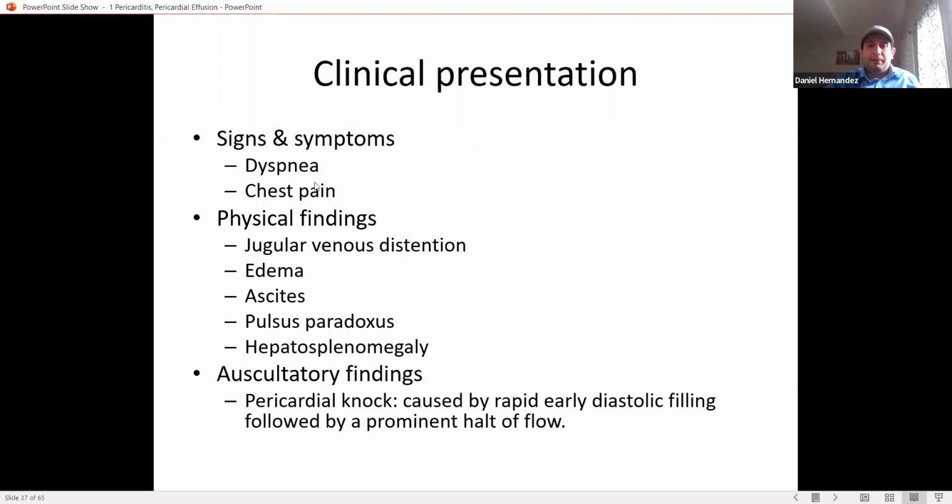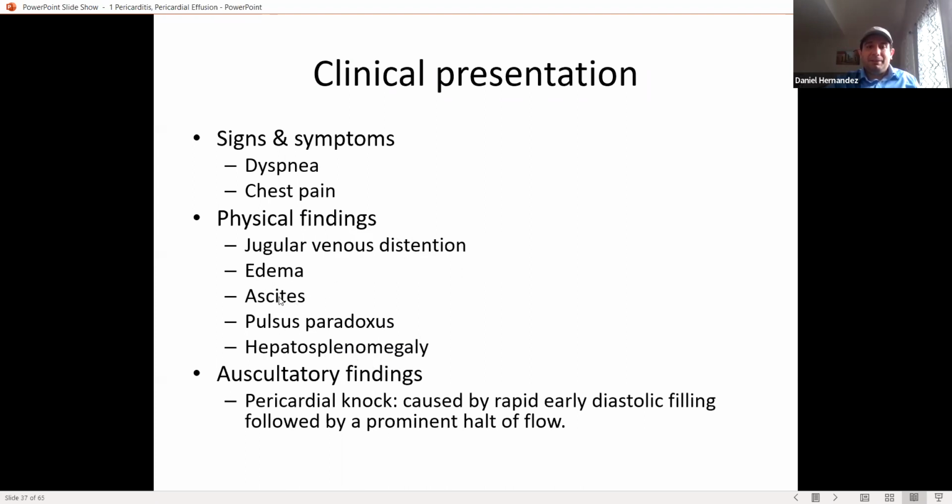So we could see a lot of the same clinical presentations as patients who have cardiac tamponade: dyspnea and chest pain, jugular venous distension, pulsus paradoxus. Since we have jugular venous distension, we may also see dilatation of the IVC, which would result in potential hepatosplenomegaly.